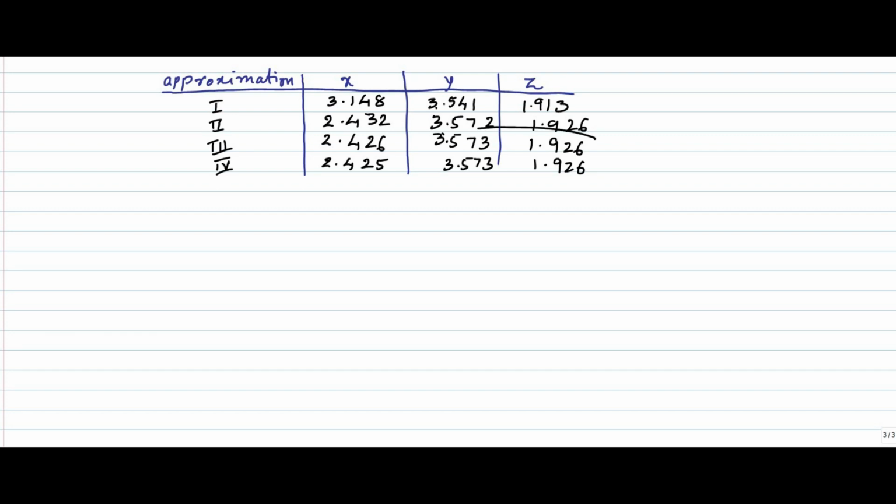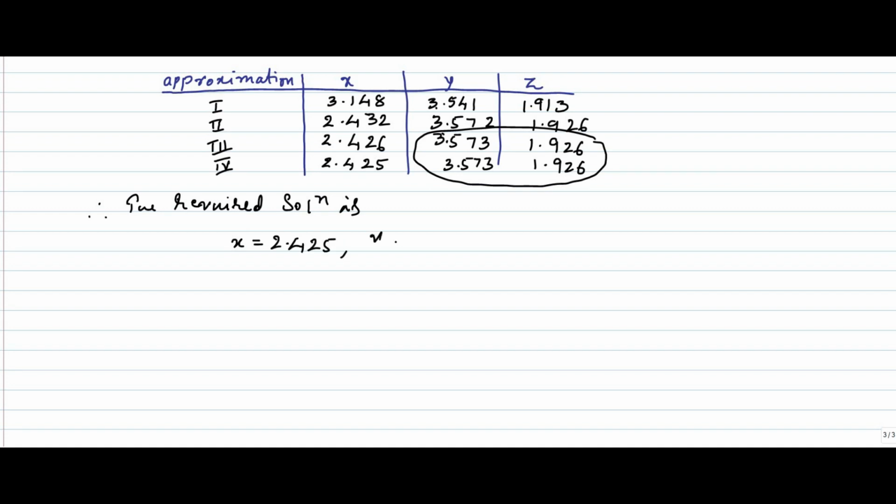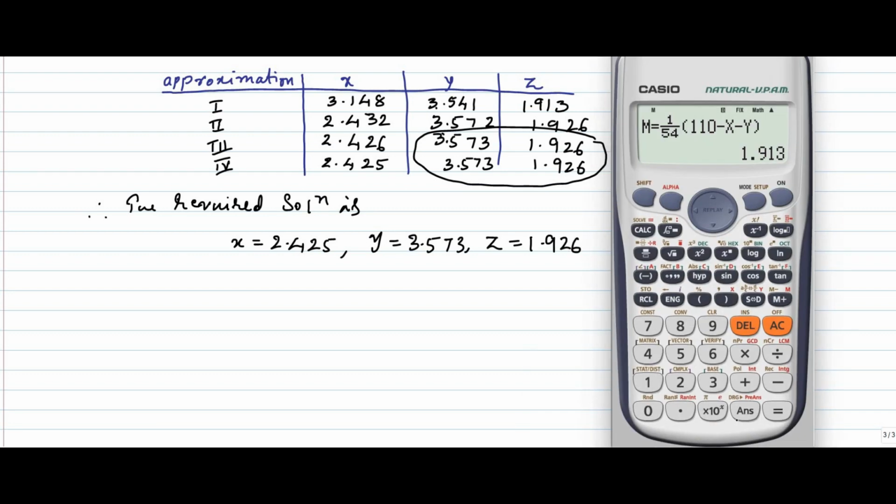As I already got these values as one and the same, I am going to stop and say that the required solution is x equal to 2.425, y equal to 3.573, z equal to 1.926. Now you can verify by using your calculator.